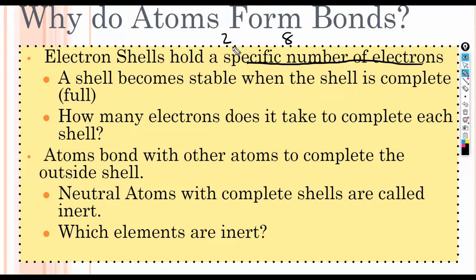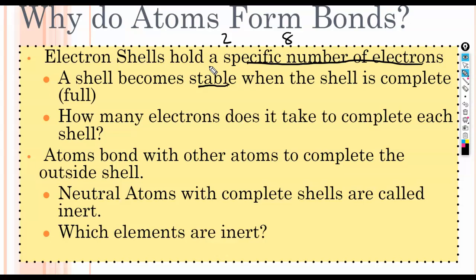When you have a shell that is full, the atom becomes stable. In other words, if I am an atom, my goal in life is to get my shell filled with electrons. That would make me really, really happy, and then I would be a happy, complete atom.